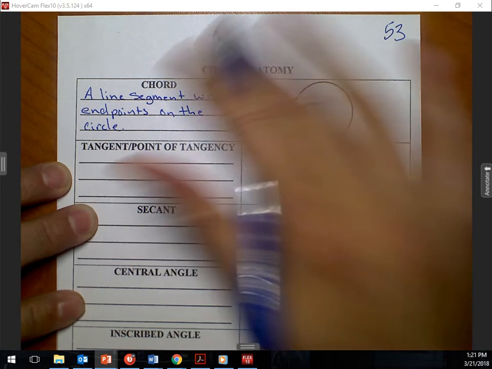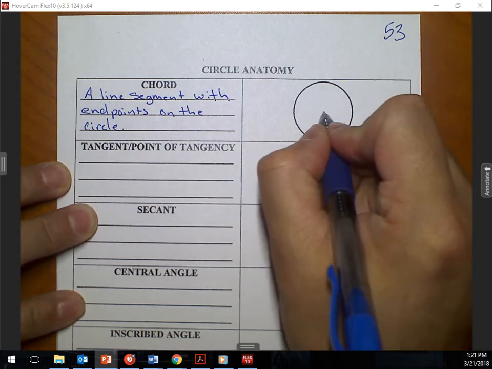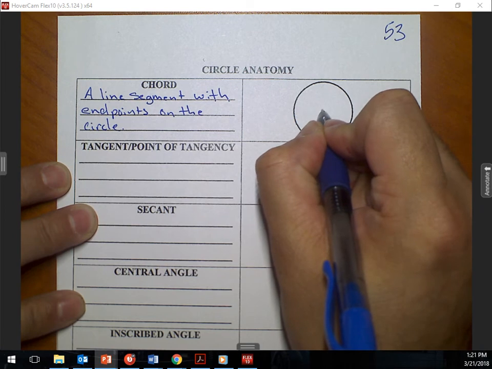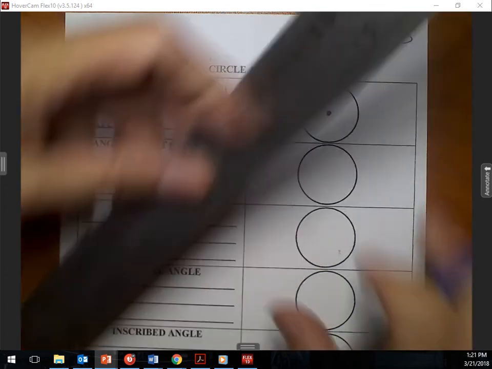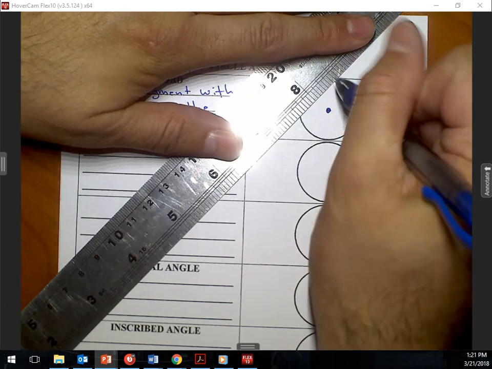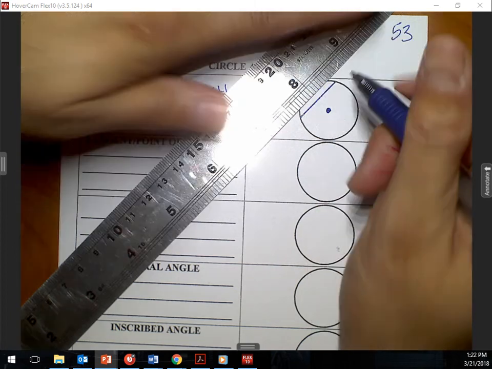So we're going to go through and draw this in. Your circles are actually pretty good right here, that they're copied. So draw right here the center of the circle. And I am going to draw a line with endpoints on the end of the circle.